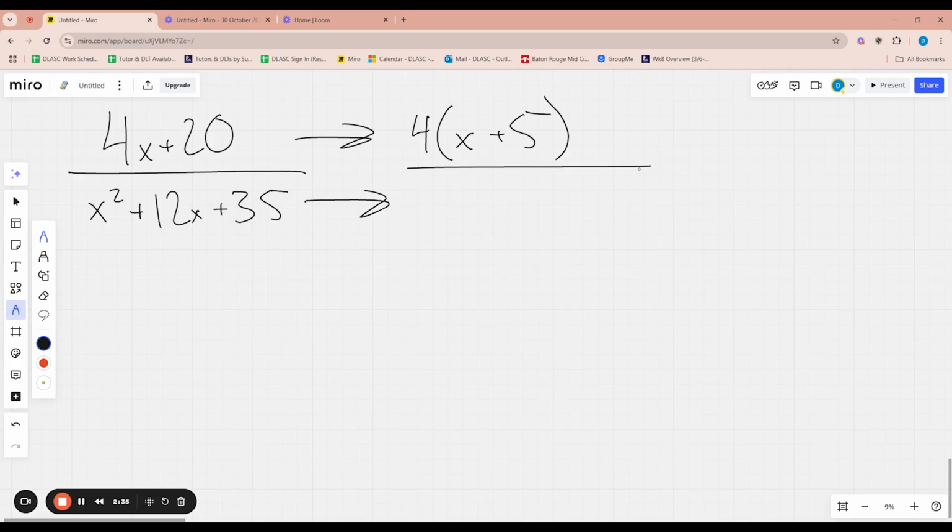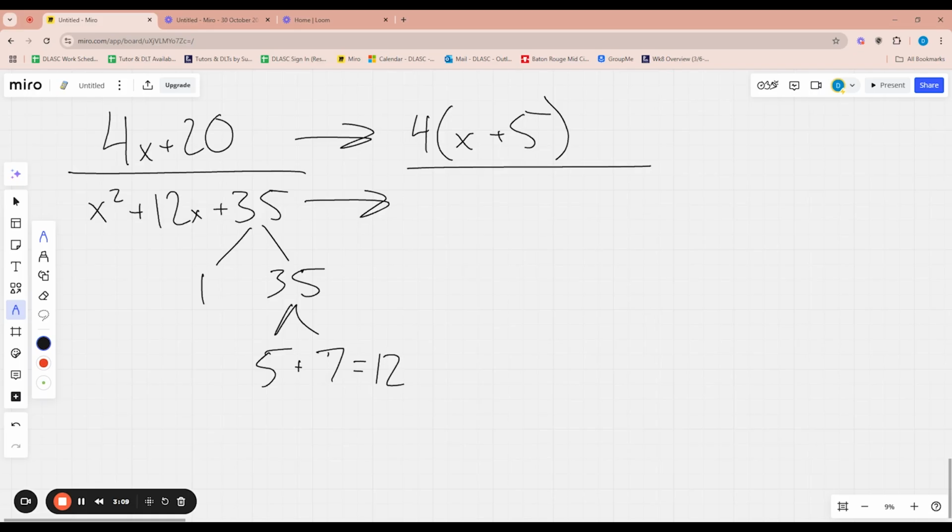And now let's do the denominator. So we have x squared plus 12x plus 35, right? So we can find factors of 35 that we can add together to make a positive 12. So let's see. We have 1 and 35, and we have 5 and 7, and if you add 5 and 7, they equal 12.